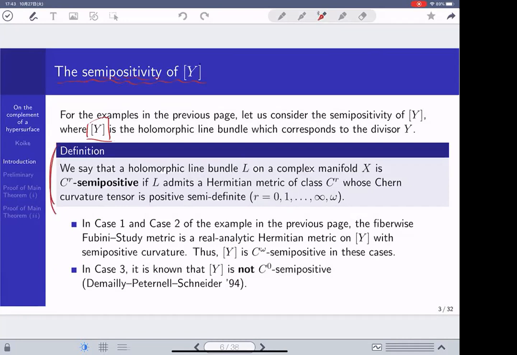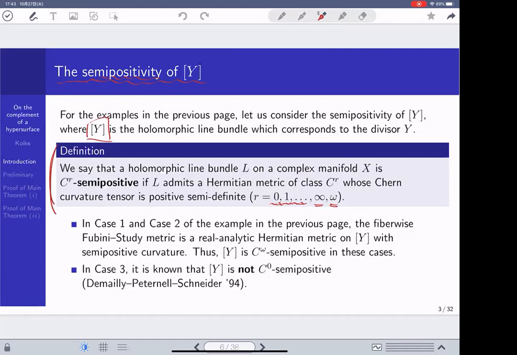We say that a holomorphic line bundle L on a complex manifold X is C^r semipositive if L admits a Hermitian metric of class C^r, where r runs over integers, infinity, or omega. C^omega stands for real analyticity. Whose Chern curvature tensor is positive semi-definite at any point.